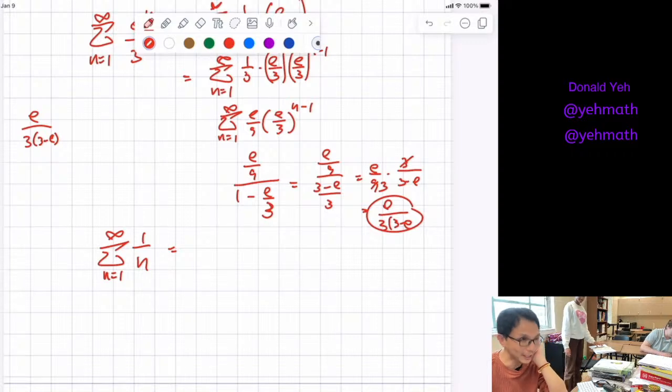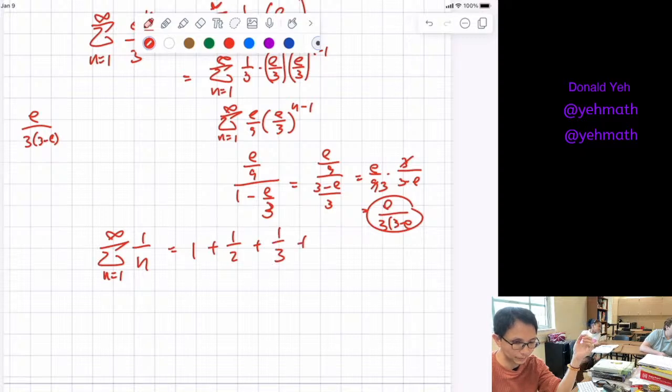That's right. Okay, so this one, however, is not geometric or arithmetic. This is called a harmonic series. A very well known series is harmonic. Harmonic is not geometric. This one is going to diverge.